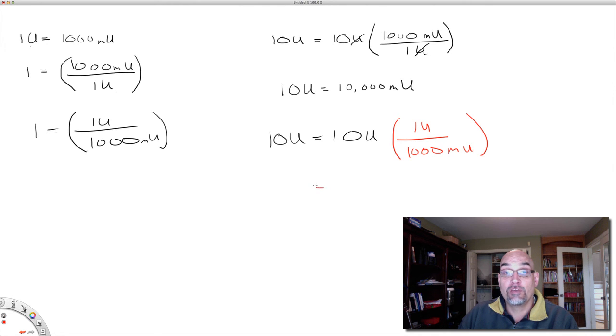I'm going to end up with 10 over 1,000 U times U over milliunits, and that doesn't even make sense. Units squared divided by milliunits, it's not even a real thing. So I can see right away that this is wrong because my units aren't working out. Whereas here they worked out nicely and I got exactly what I expected.